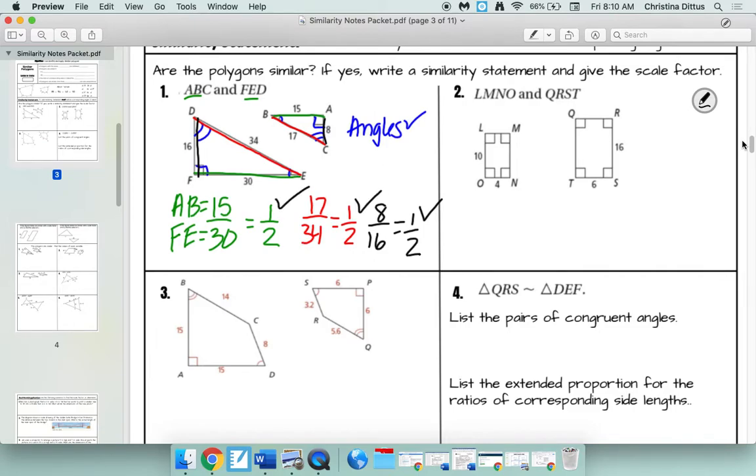So are the polygons going to be similar? Yeah, they are. Then it says write a similarity statement, and the scale factor is just this 1/2. Similarity statement: if I said ABC is similar to, what do we say matches A? F. What matches B? E. And what matches C? A, B, C is similar to F, E, D.